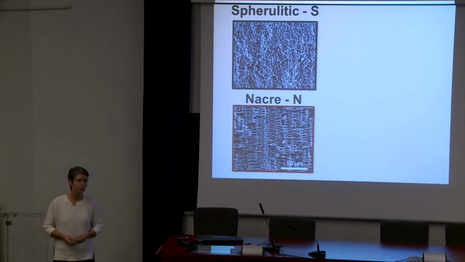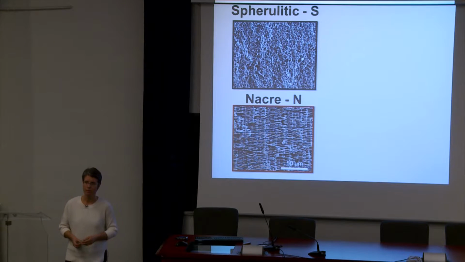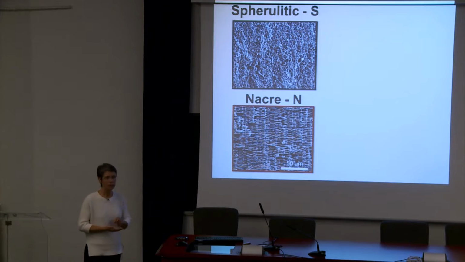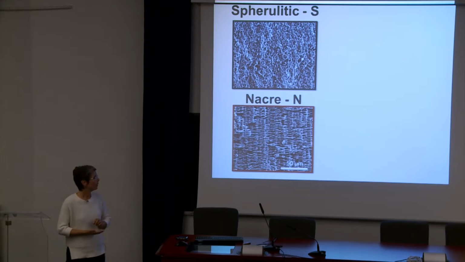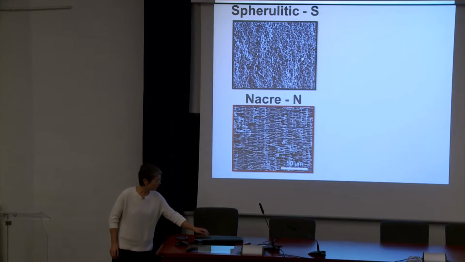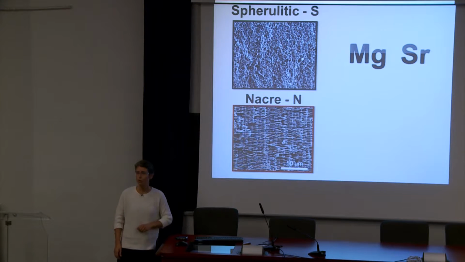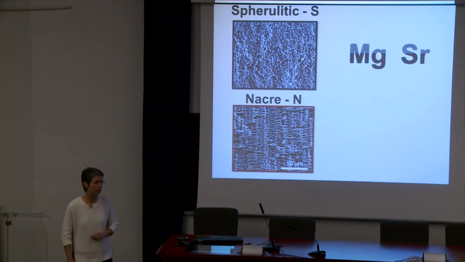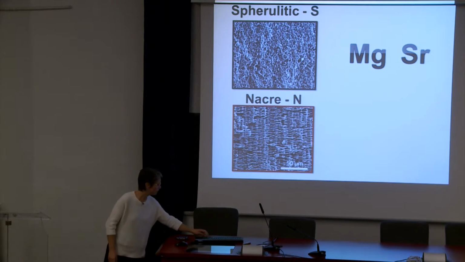To do that, we used laser ablation ICP-MS technique that allowed us to obtain trace elements at a given point. We analyzed 8 shells and obtained more than 100 data per layer. And so the answer is no. The spherolytic layer is significantly enriched in magnesium and strontium compared to the nacre layer.